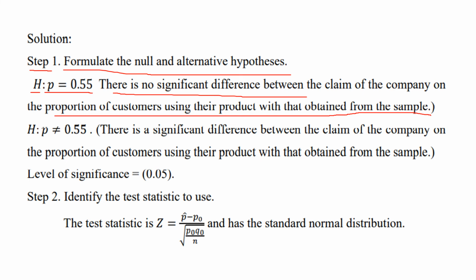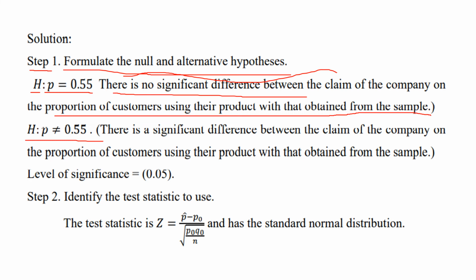For your alternative hypothesis, your P is not equal to 0.55, because in your problem there are no keywords mentioned that the value is greater than or less than. We just simply assume, since your alternative hypothesis will never show you an equality. As long as your statement does not show you an equality, that will be your alternative hypothesis.